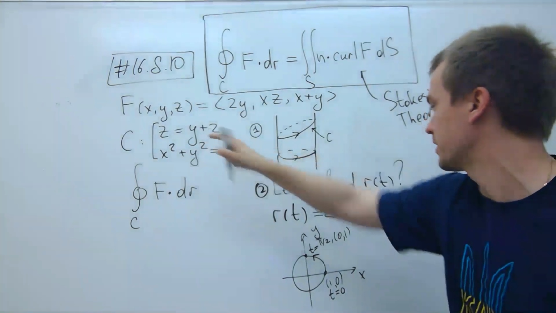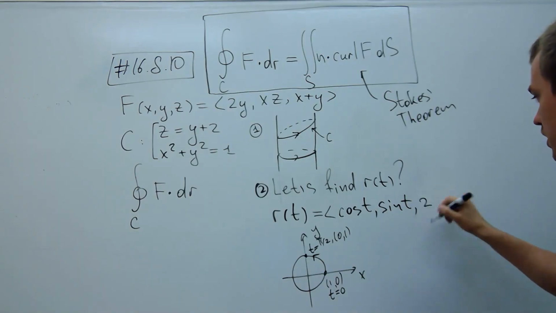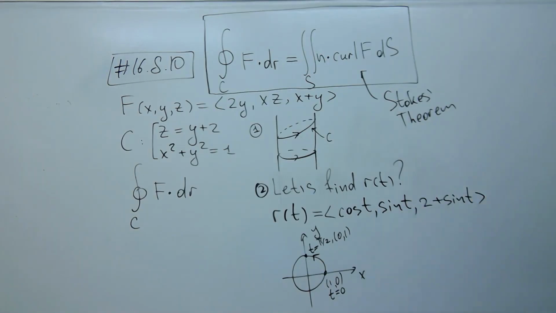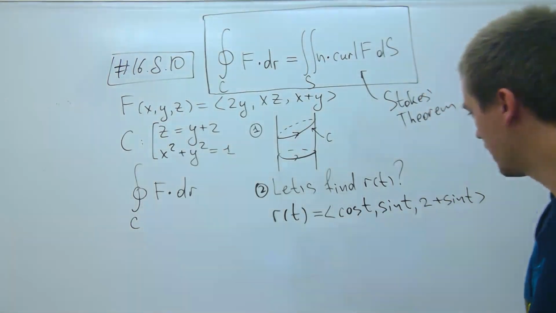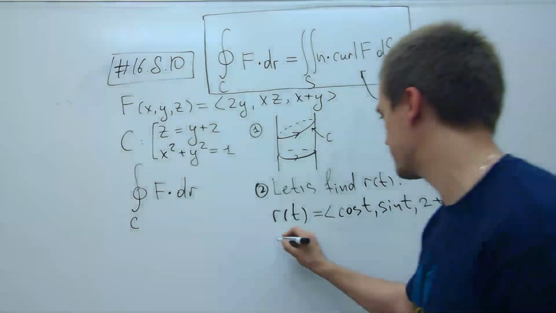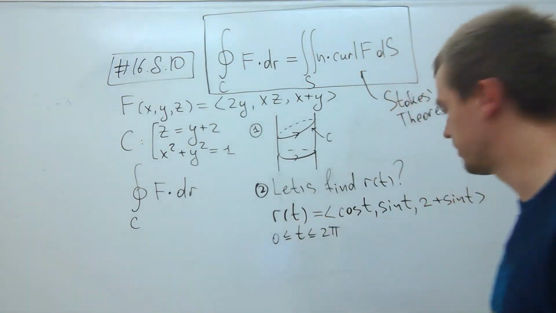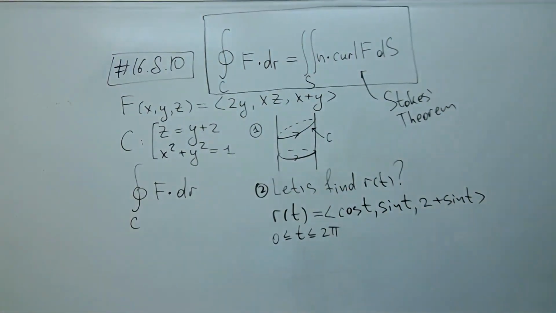My z is going to be equal to y plus 2, and y is sine t, so z is 2 plus sine t. Okay, good. We found our parameterization and we just need to set our bounds. My bounds are going to be from 0 to t equals 2 pi, because I want to go around the circle only once.